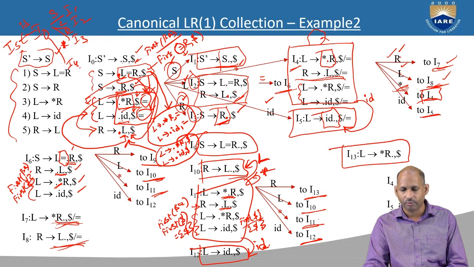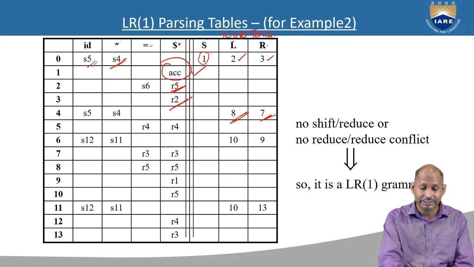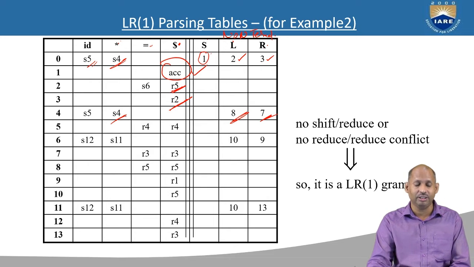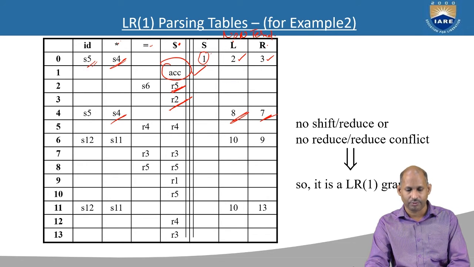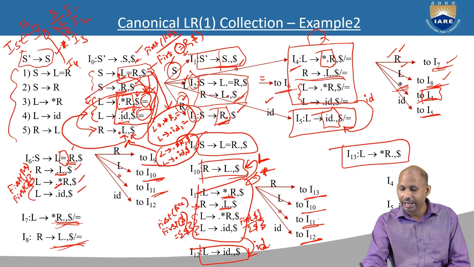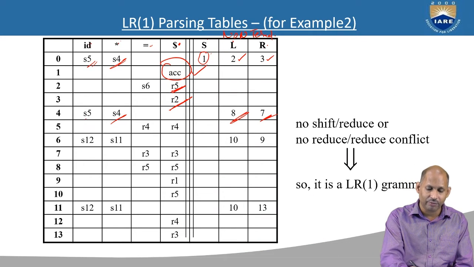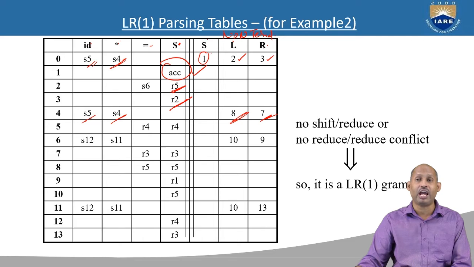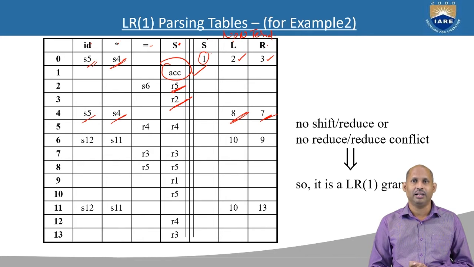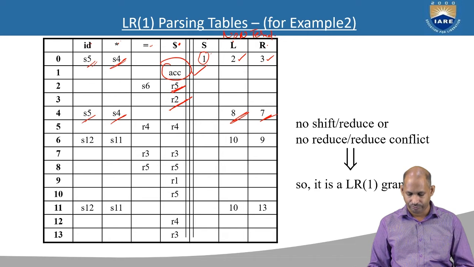So here on multiplication, since it is a terminal, we have written S4. Then on ID, it is I5. So simply, it is a terminal, so we are writing S5.